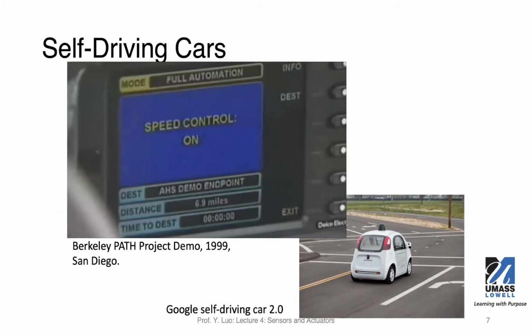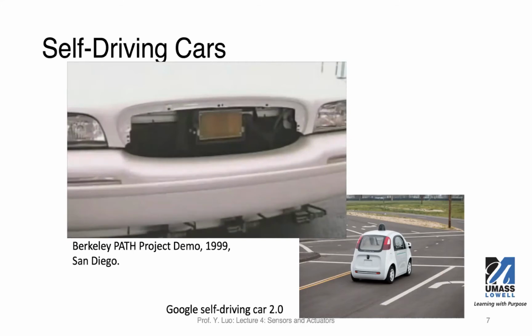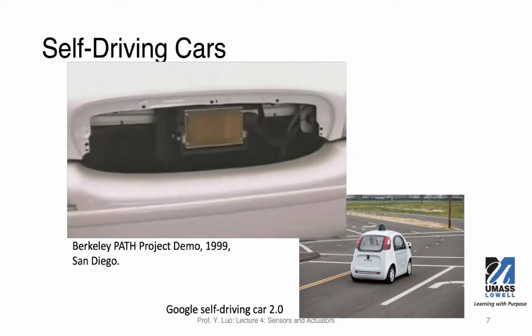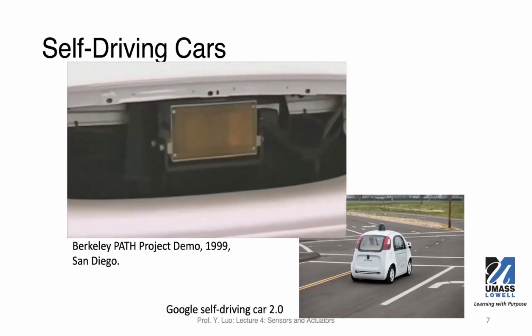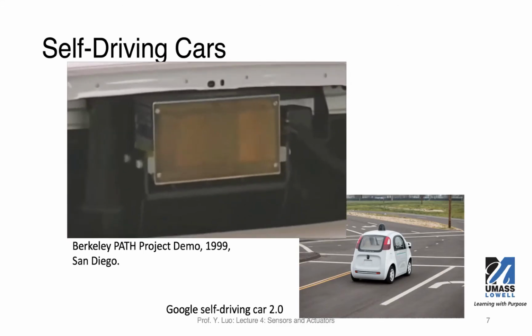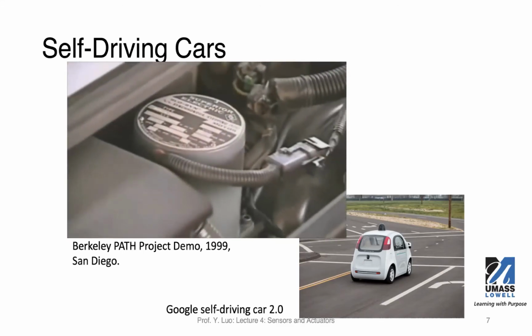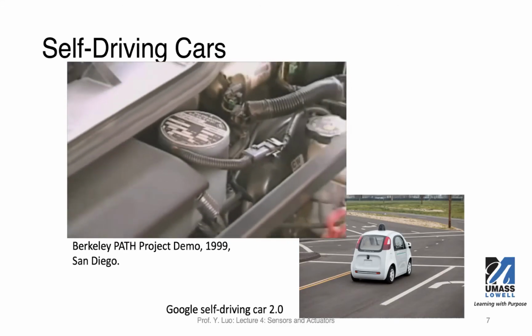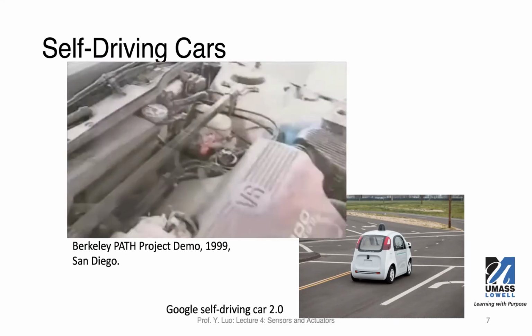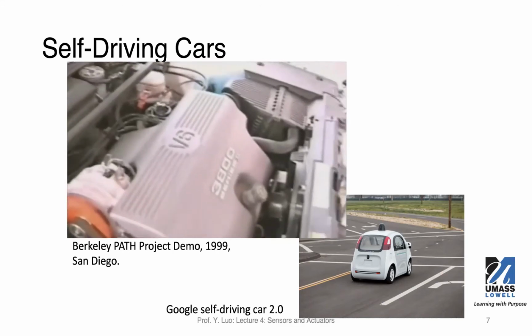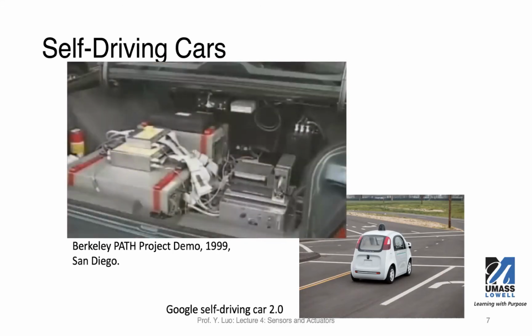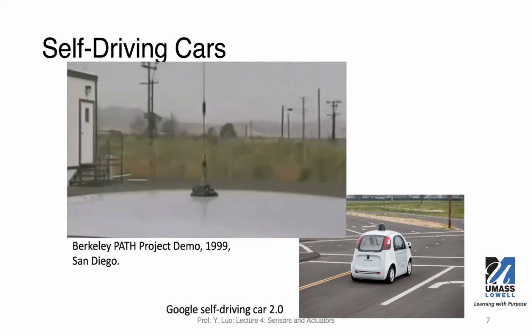You can see that in terms of just looking at the interface, this is rudimentary compared to the modern Tesla. But at that time, this technology was so advanced that they really took a lot of effort to modify existing vehicles, to equip those vehicles with sensors and computational devices.